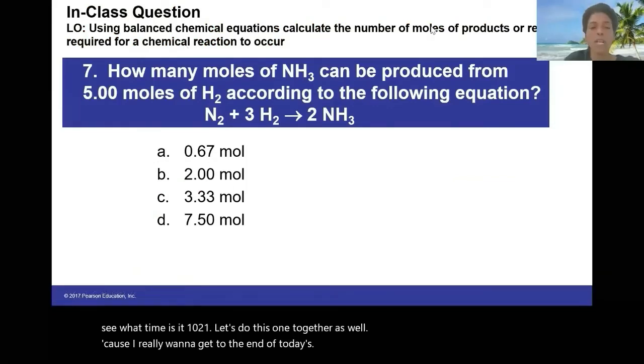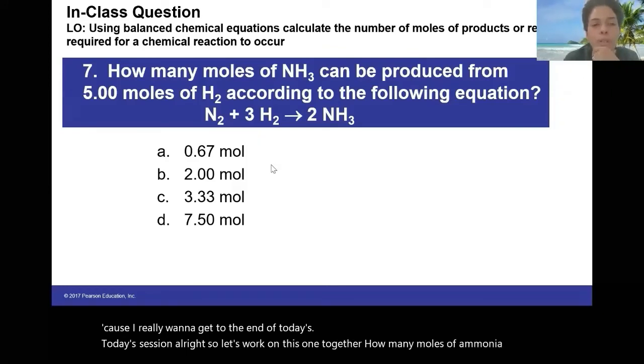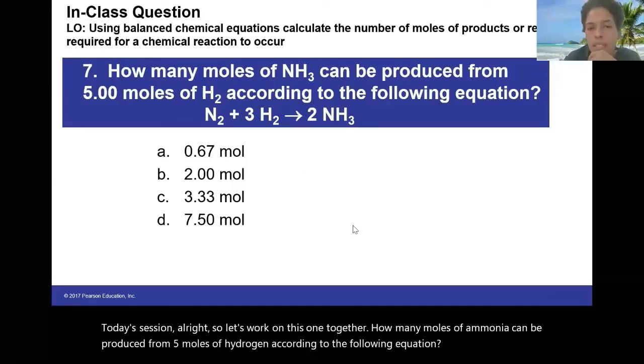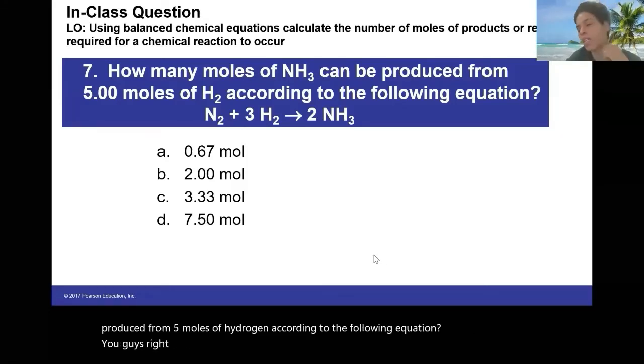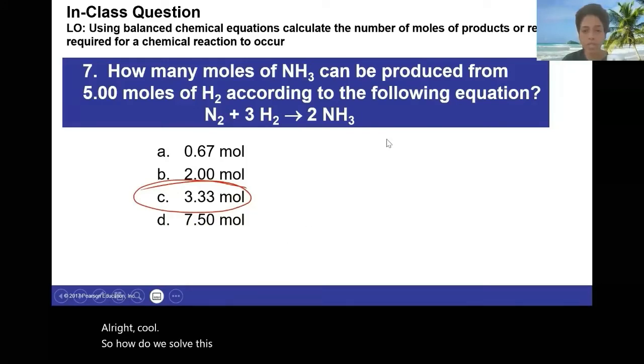Let's work on this one together. How many moles of ammonia can be produced from 5 moles of hydrogen according to the following equation? You guys write how you solve this in the chat box. How do we solve this? Our answer is 3.33.